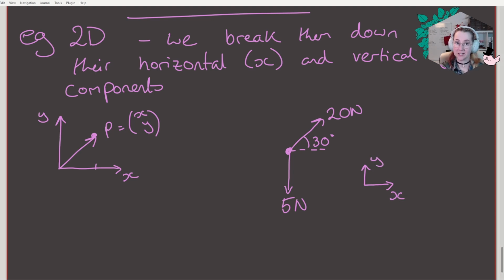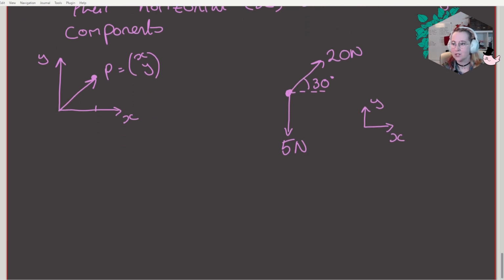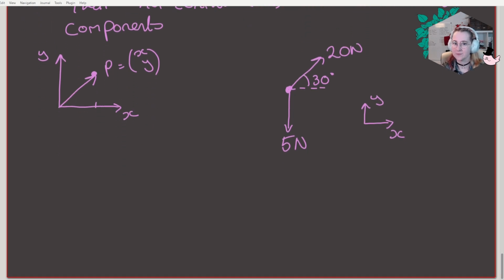And we could do it differently. But if we do that, we need to make sure that no matter which orientation of x and y we pick, everything lines up with one of those two, either in the x direction or the y direction. So looking at this, the 5 newtons we can leave alone because it's minus 5 newtons in the y direction.